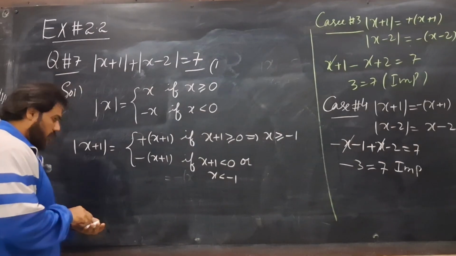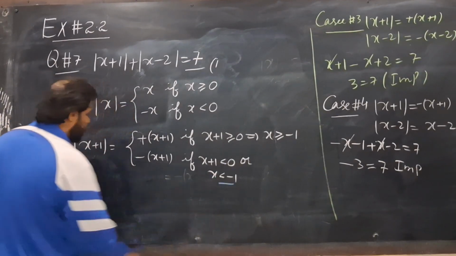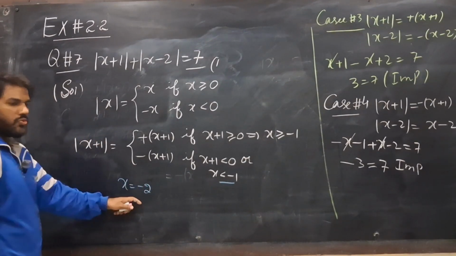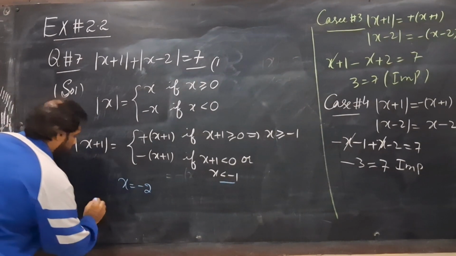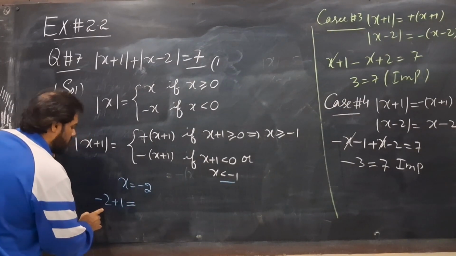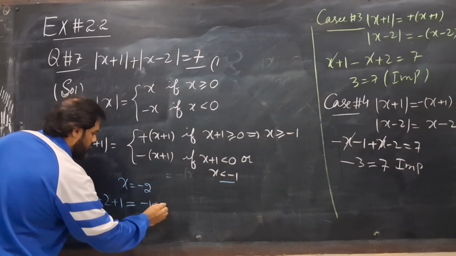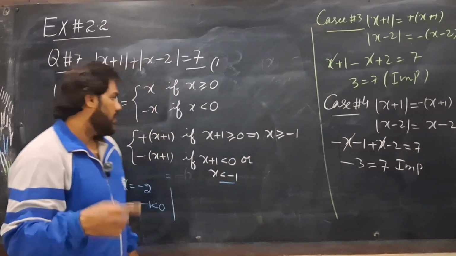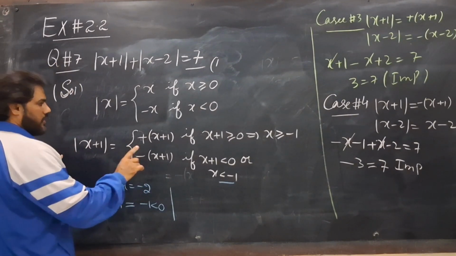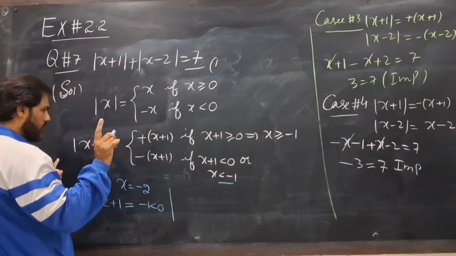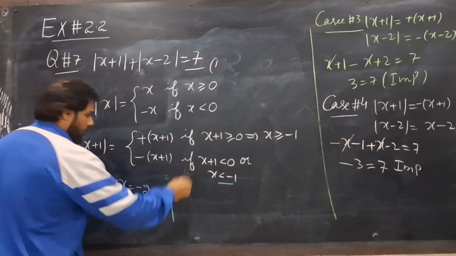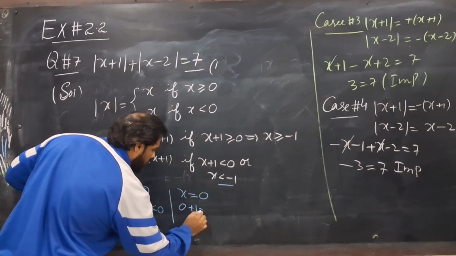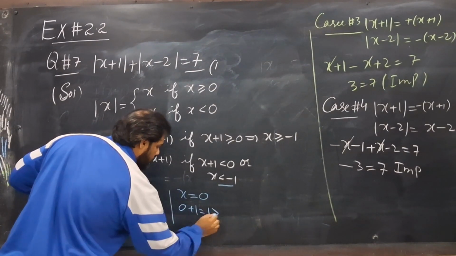For example, if you take any number less than minus 1, suppose x is equal to minus 2, and you put it inside the absolute value, this becomes minus 2 plus 1, which is equal to minus 1, that is negative. Similarly, if you take any number greater than minus 1, it will give a positive value. For example, if x is equal to 0, then this is 0 plus 1, which is equal to 1, that is positive.